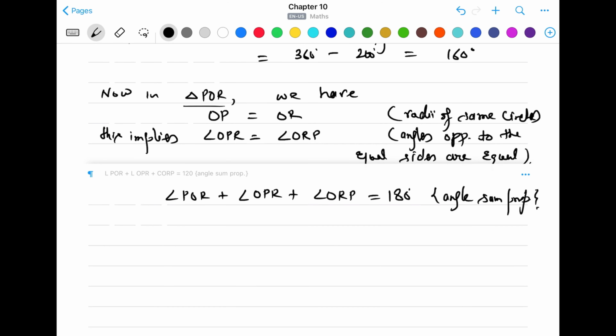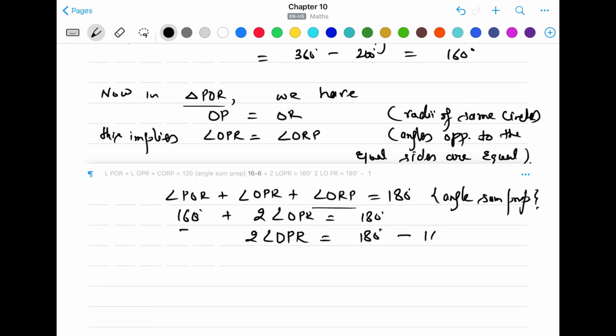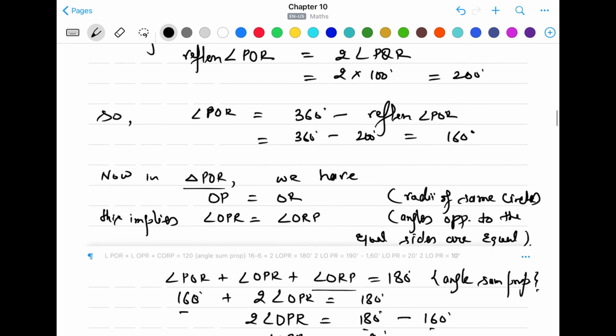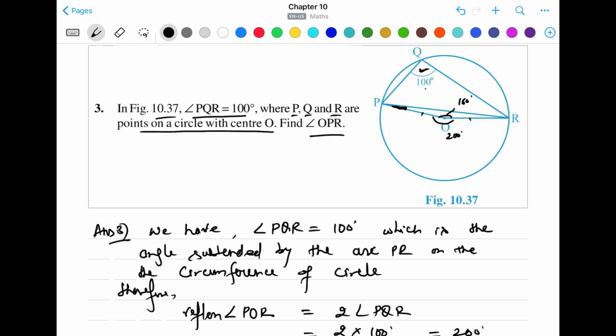POR we have calculated, which is 160 degree, and since these two angles are equal, we can write it as twice of angle OPR equals 180 degree minus 160. So angle OPR will be equal to 20 degree divided by 2. Therefore the value of angle OPR is equal to 10 degree. So that's the answer for this one. We got the value of this angle as 10 degree.